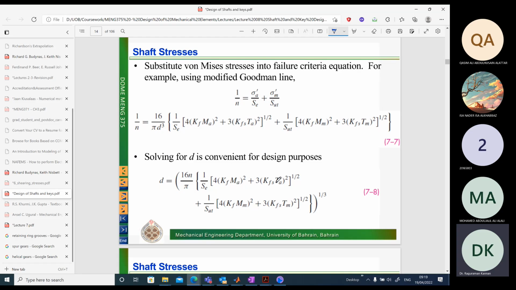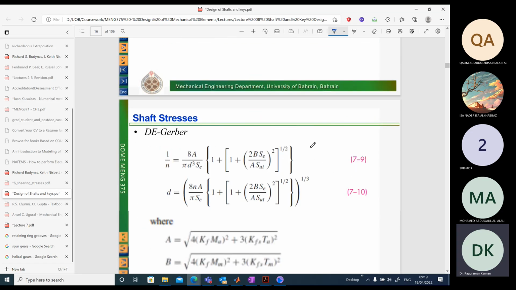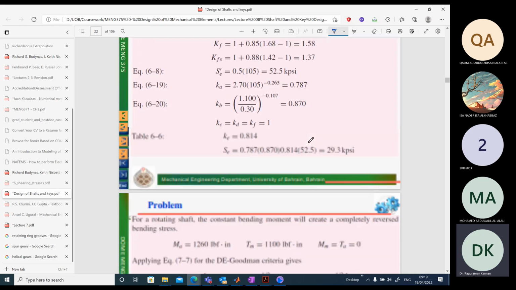Again, your amplitude of stress is there, this term will go off, and the mean stress will also. Only these two terms you have to consider and calculate your D. So let's go back to the problem.